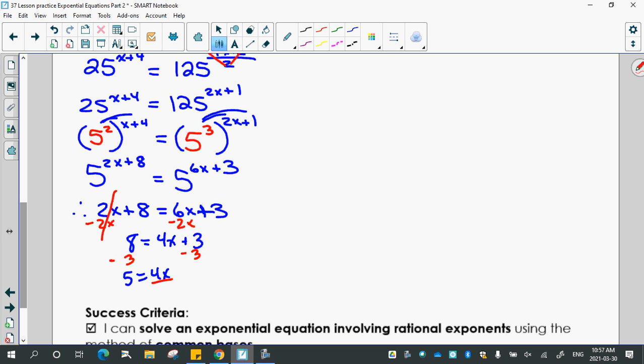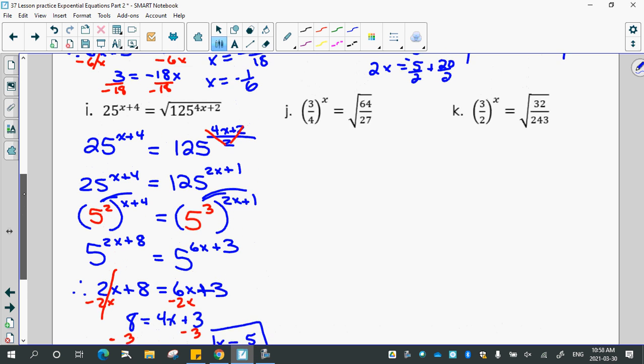And divide both sides by 4. Which means x would be 5/4. Okay.